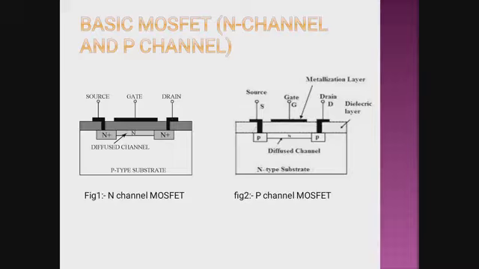Next one is the gate. There are two internally connected heavily doped impurity regions, formed by diffusion technique, which are basically called the gate, in between the PN junction. Basically a voltage VGS is applied between the gate and source terminal. This is the gate terminal, this one is the source terminal.